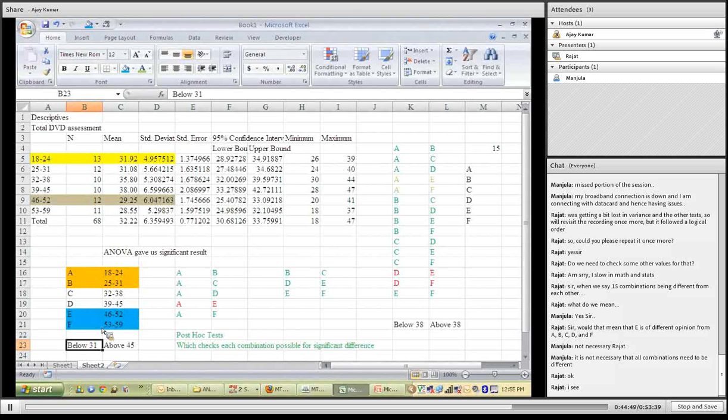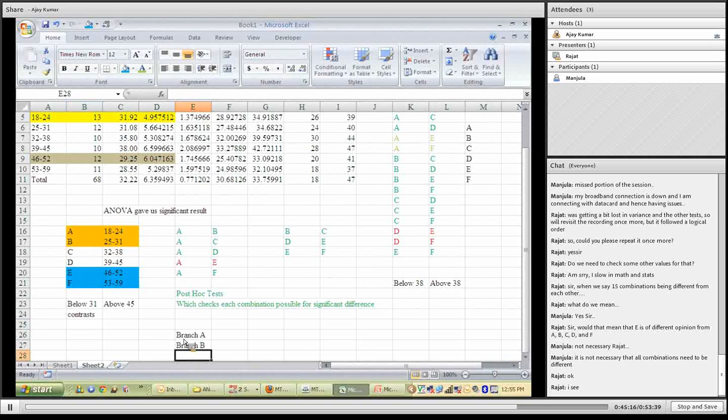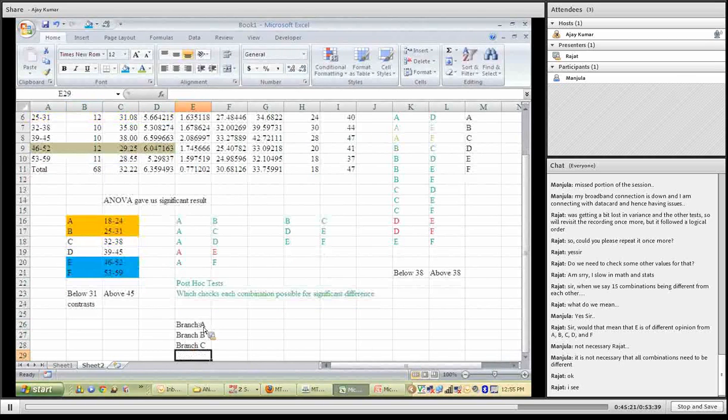These are contrasts, right? So if I have to make any combination out of the groups that I would like, then I can do it. Now, suppose in the previous example we were talking of branch A, branch B, and branch C. What if I want to visualize the difference between branch A, branch C as one, and branch A and B as a whole?